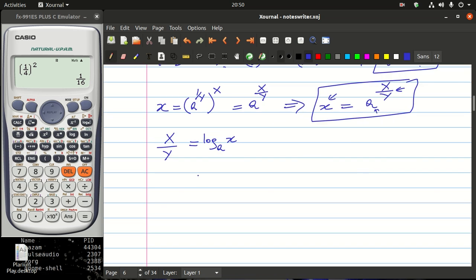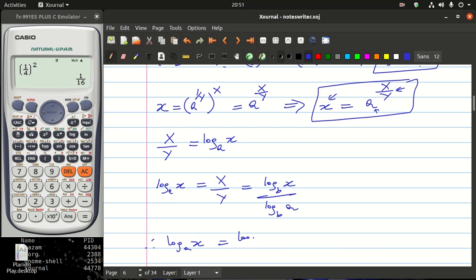So which means that log a x, which is just equal to x over y, is equal to x was log b x, divided by y was log b a. Therefore, we are done. Log a x is equal to log b x divided by log b a.